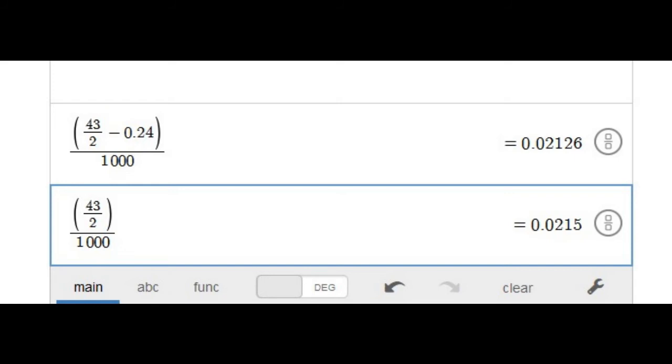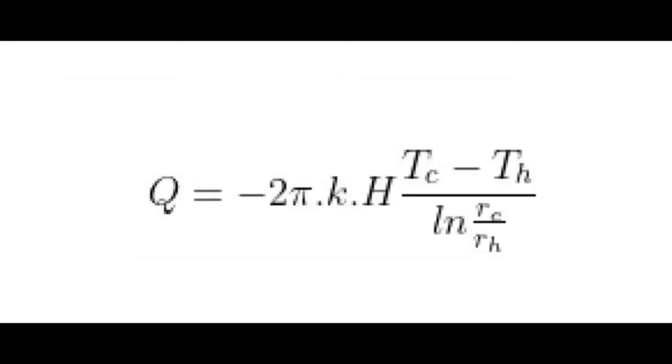The radius of the cylinder at which the surface temperature is 100 degrees Celsius is 0.0215 meter, and that at which the surface temperature is 80 degrees Celsius is 0.02126 meter.